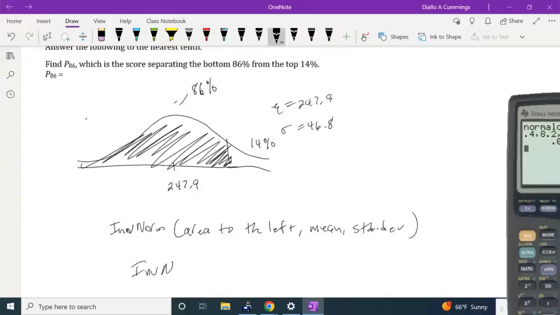So we're going to put it in as inverse norm 0.86, because that's the area we're given to the left of our value. The mean is 247.9. Standard deviation is 46.8.